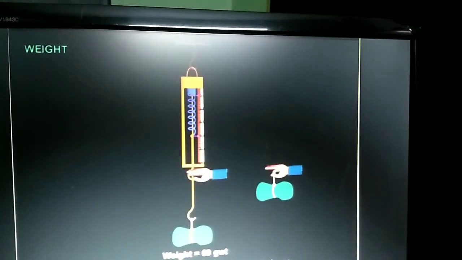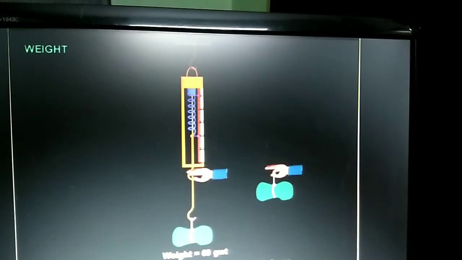Now the next term, weight. What is weight? The force with which a body is attracted by the earth is known as weight.